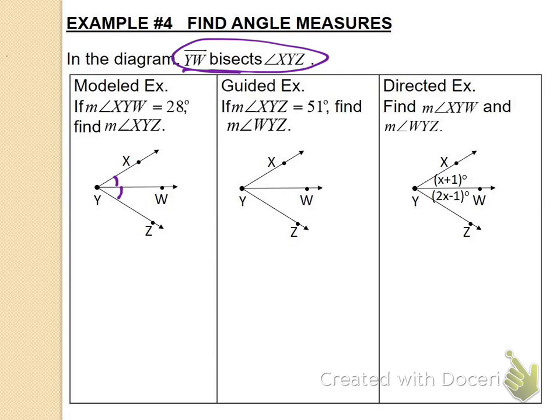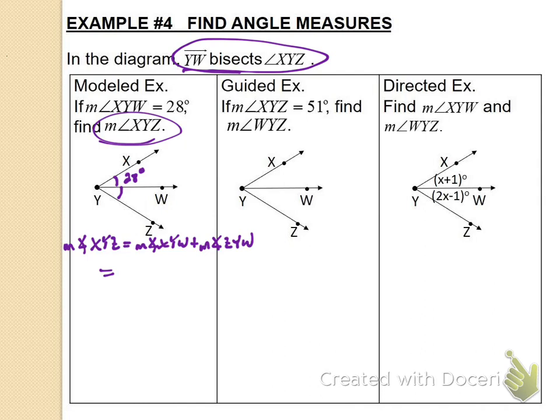Well, we want to find the measure of angle XYZ. That involves the bigger angle. So to find the measure of angle XYZ, we'd add the measure of angle XYW and the measure of angle ZYW. We're told that angle XYW is 28 degrees.